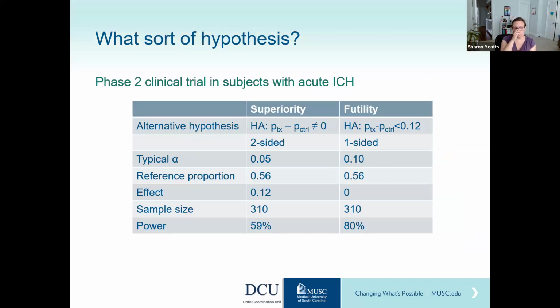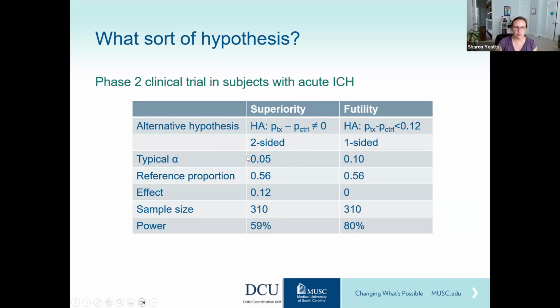Another example I can give you relates to the sort of hypothesis that you're testing. So I mentioned the superiority hypothesis. If we are doing a phase 2 clinical trial in subjects with acute ICH, and let's say I can afford 310 participants, the typical superiority alternative is that the treatment effect is not 0, right? And that's a 2-sided alternative.